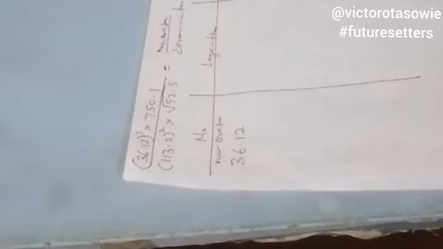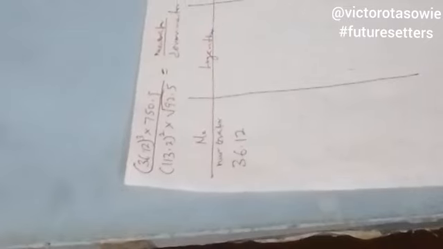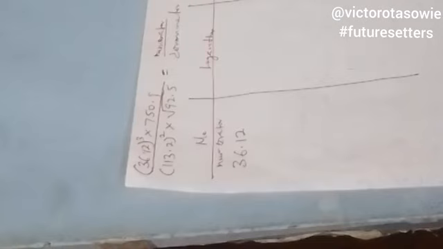36.12. Now if you've watched the video which I made on logarithm first, you will understand that I explained to all my students that the first thing you must do whenever you are looking for the logarithm of a number is to change that number to standard form.